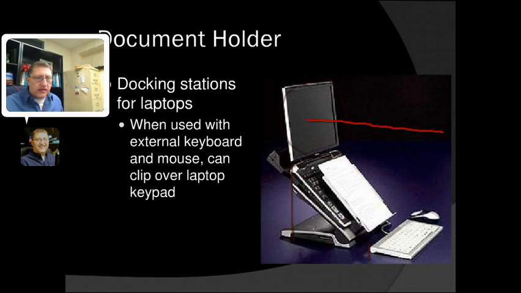Just putting this document in between here, forcing this distance to be longer, is that the best thing to do for a smaller laptop screen? May not. This is a good example of how focusing on simply one component of the work system in the office at the expense of another component could be a problem, and so you want to think of the system as a whole.